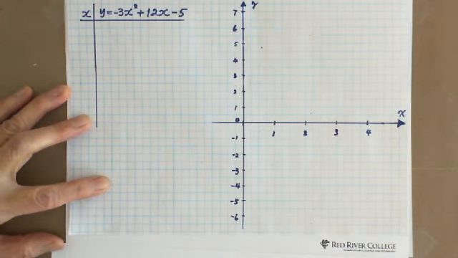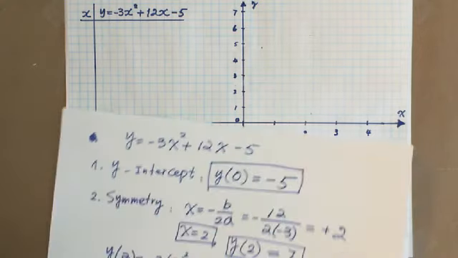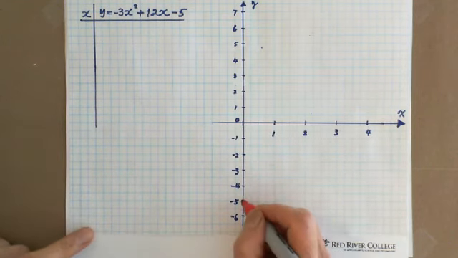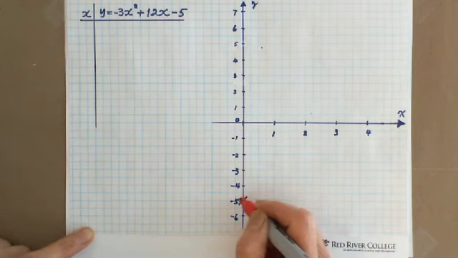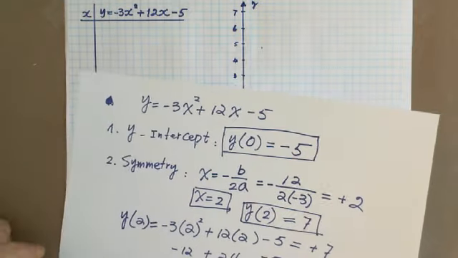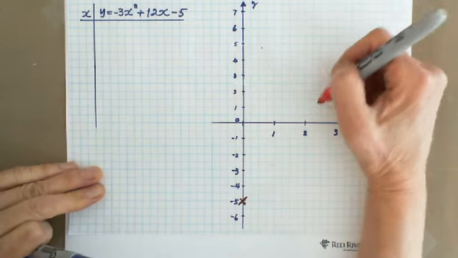First, let's graph the y-intercept, negative 5. So x equals 0, y equals negative 5 at this point at the bottom. And the vertex is (2, 7), this point.